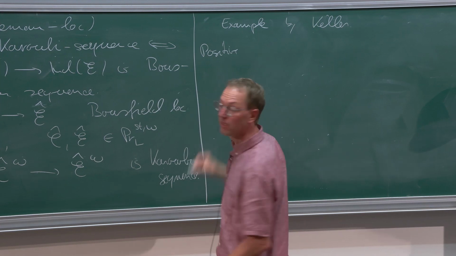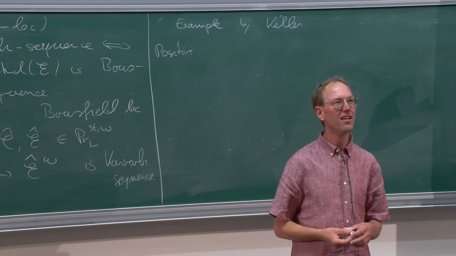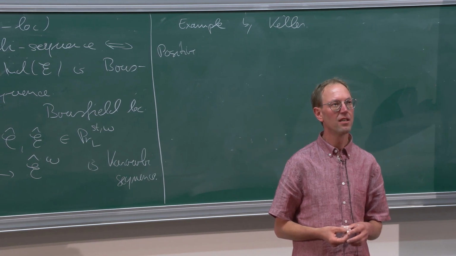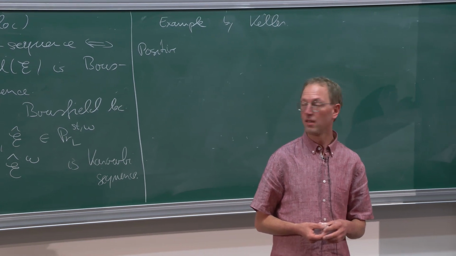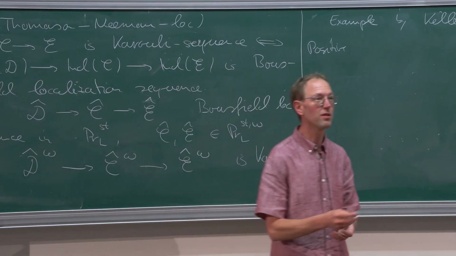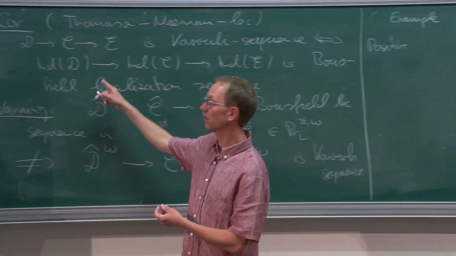Maybe I'm not in this area, so you defined a Verdier localization before, yes. And here you use the word Bousfield localization, but when you work with this type of categories, is it the same or not? So any Bousfield localization will also be the Verdier localization by precisely this kernel here. Yeah.